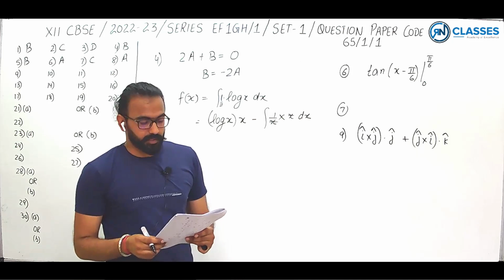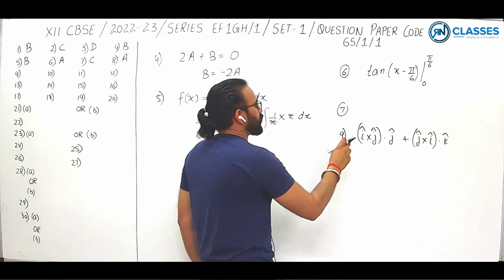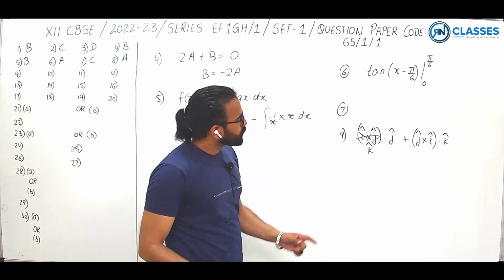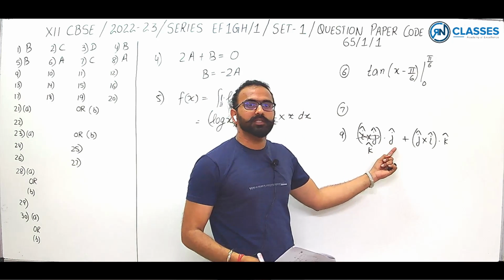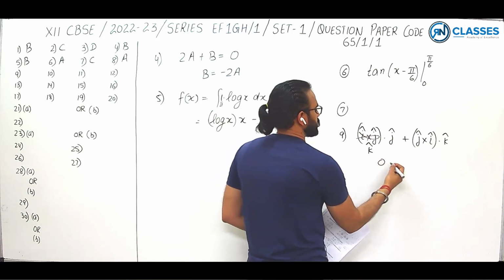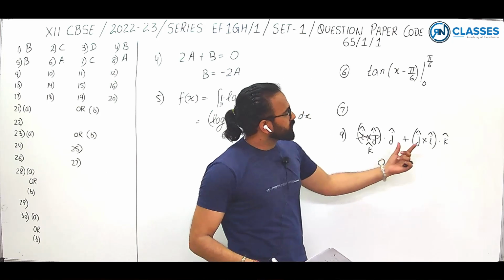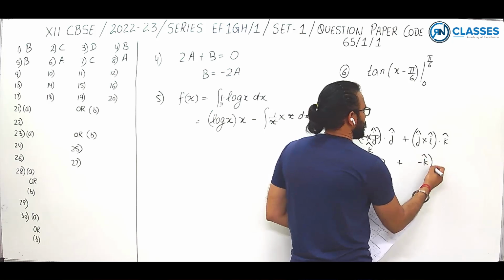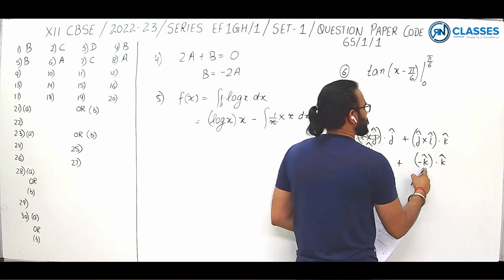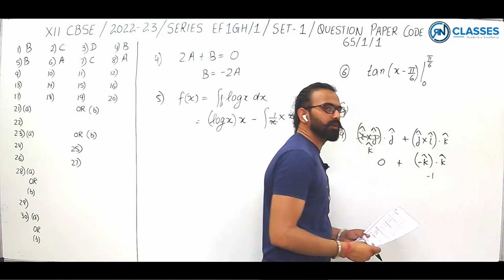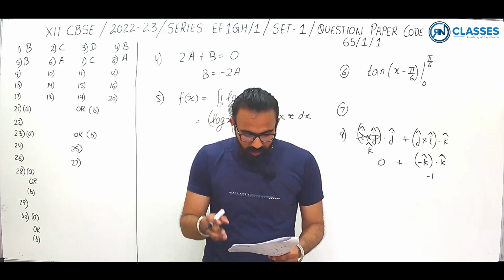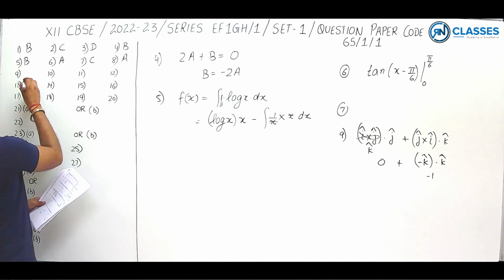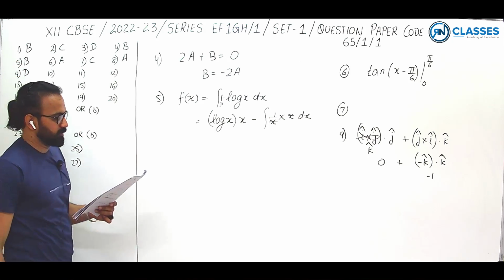Since we know that i cross j gives us k cap, and k dot j turns out to be 0, plus now j cross i cap will give us minus k cap, and minus k cap dot k cap turns out to be minus 1. So finally the answer is minus 1, which matches with option D. So the answer to question number 9 is D.